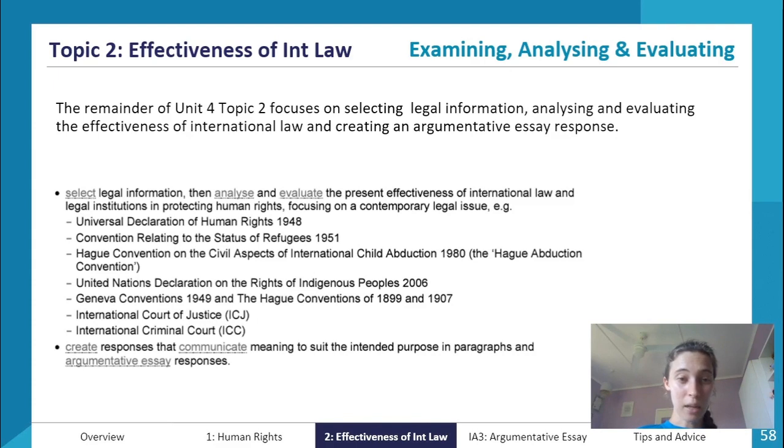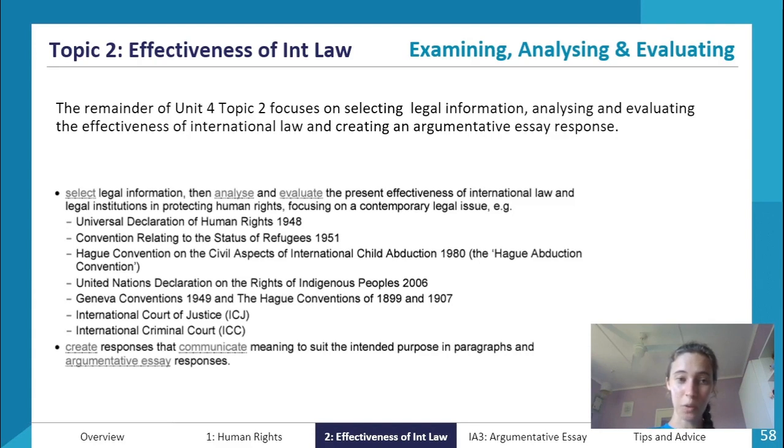And now the remainder of the unit for topic 2 focuses on the ideas that are sort of throughout the different humanities subjects at school. So that ability to select information, analyze it, and evaluate it as well.